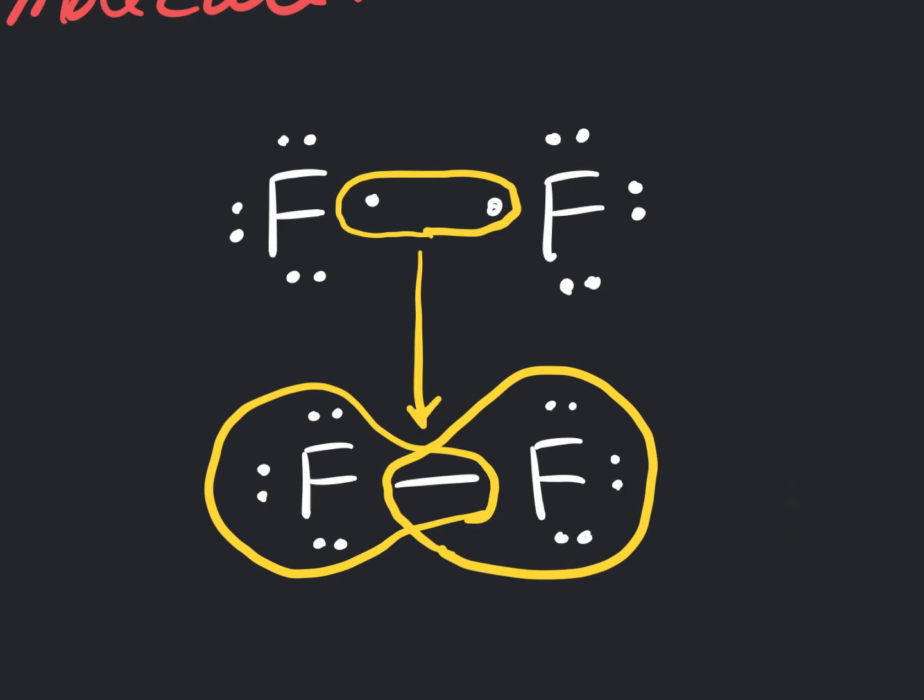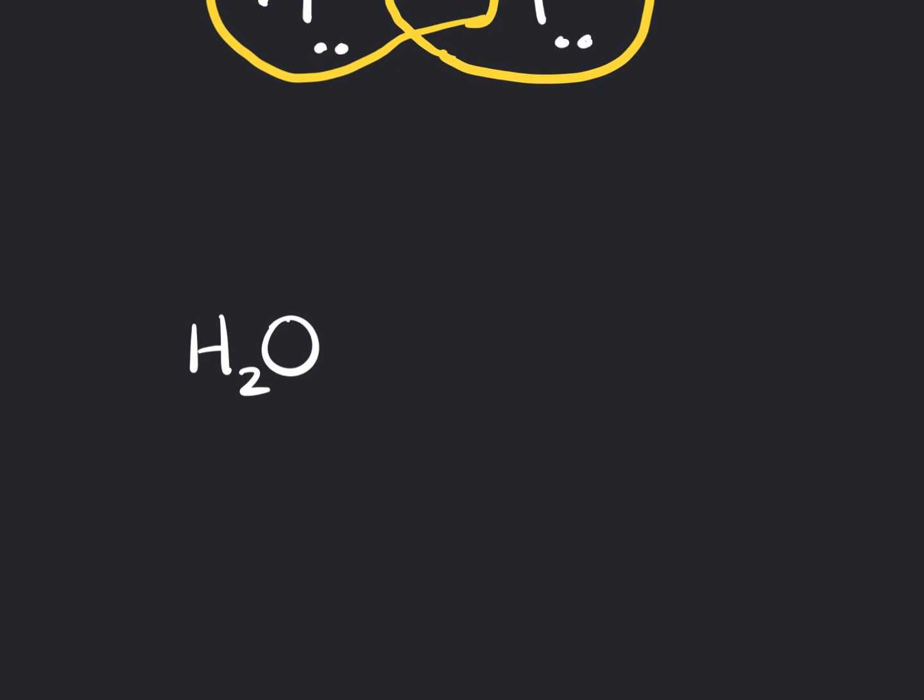All right? So here's a molecule we all know and love. This is water, H2O. All right. Now, I'm going to draw a Lewis dot structure for this molecule of water. Okay? First, I'm going to draw the Lewis dot structure for oxygen. All right?